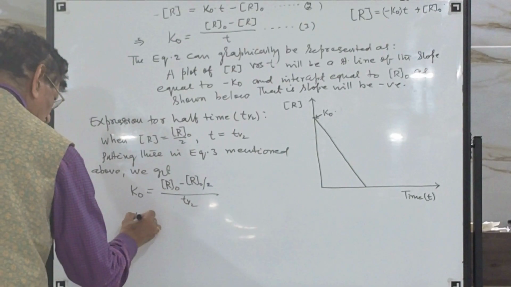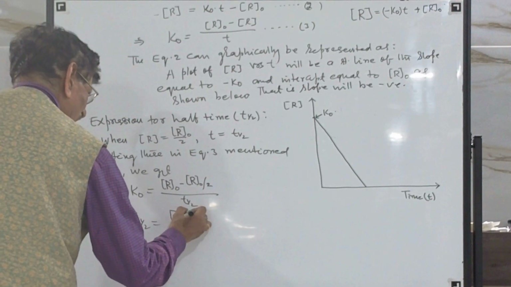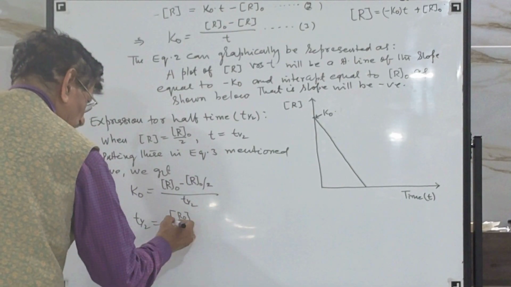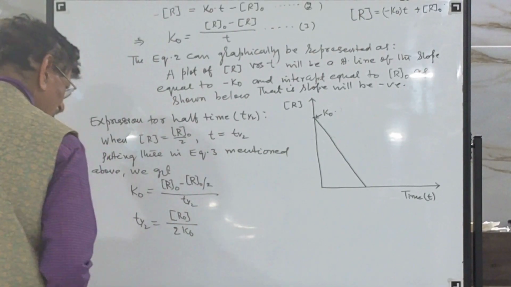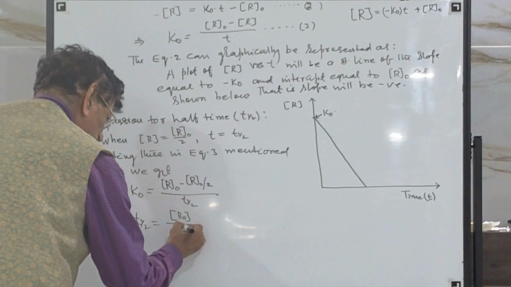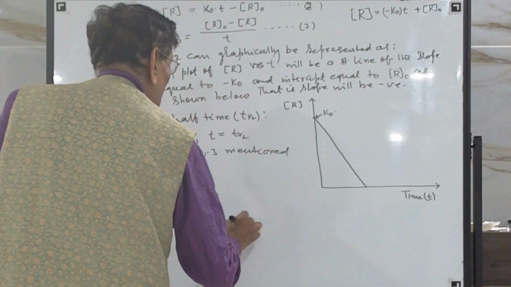Therefore T half is equal to R naught by 2 K naught. This is the expression for T half of a zero order reaction.